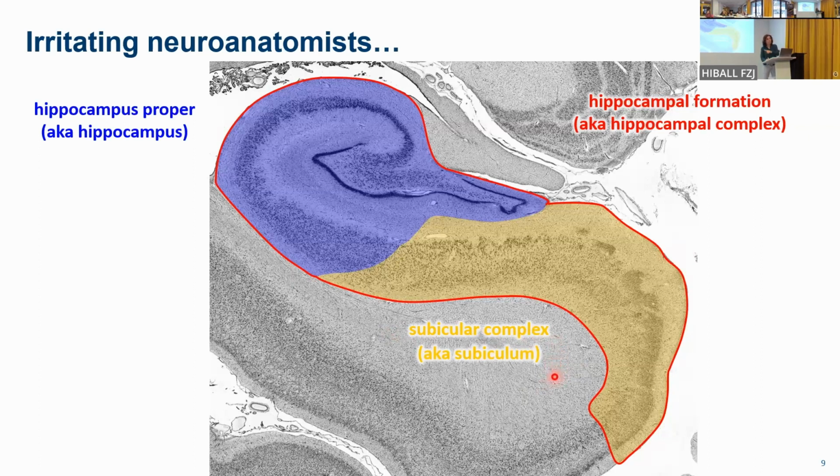Now this is a problem because within the subicular complex, there is a cytoarchitectonically, receptorarchitectonically, and connectionally distinct area, which is actually called the subiculum, and it only occupies this part of the subicular complex.